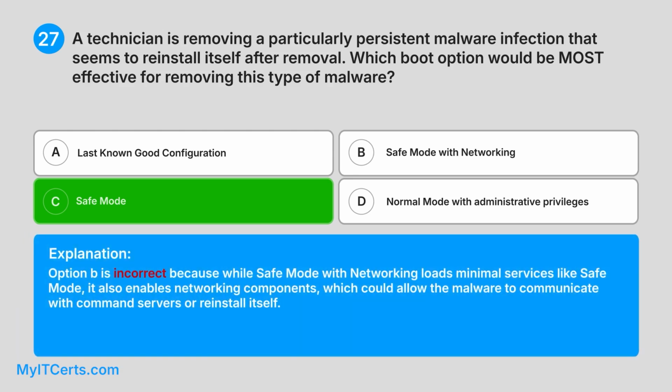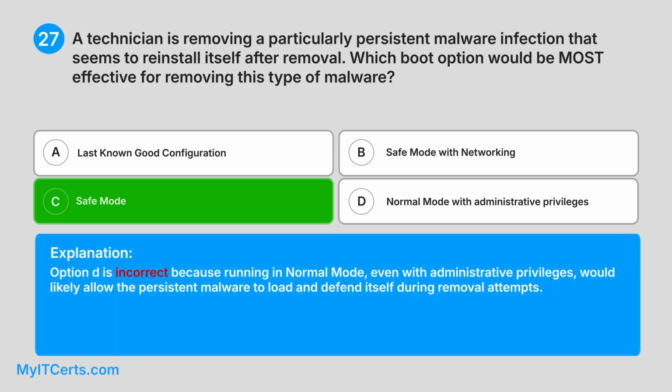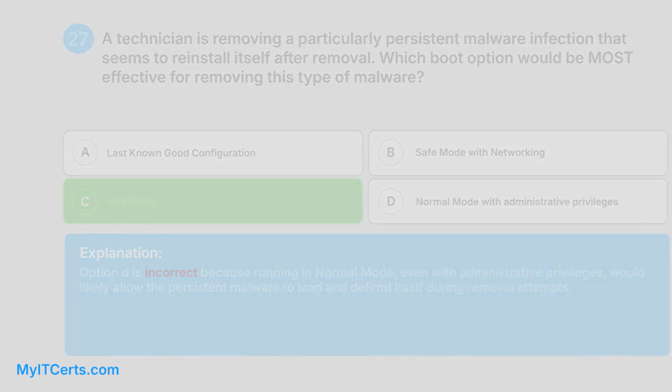Option B, safe mode with networking, is incorrect because while safe mode with networking loads minimal services like safe mode, it also enables networking components, which could allow the malware to communicate with command servers or reinstall itself. Option D, normal mode with administrative privileges, is incorrect because running in normal mode, even with administrative privileges, would likely allow the persistent malware to load and defend itself during removal attempts.